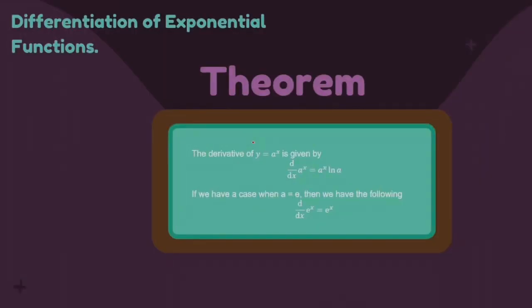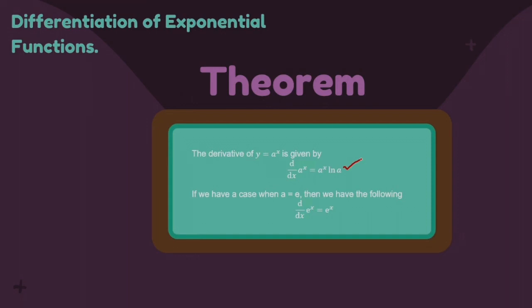The second one is differentiation of exponential functions. This is the theorem. The derivative of y equals a power x is given by, when we differentiate a power x with respect to x, we get the answer a power x natural log of a.